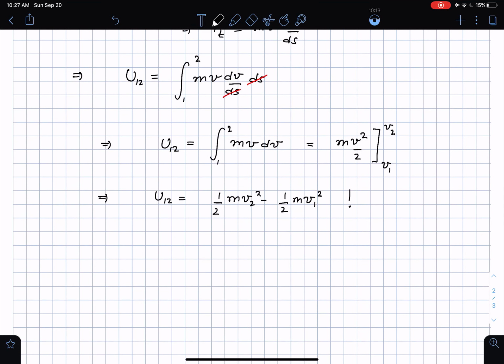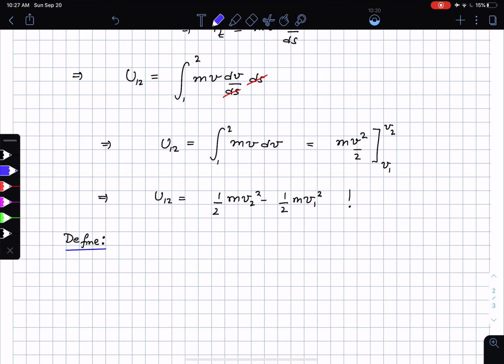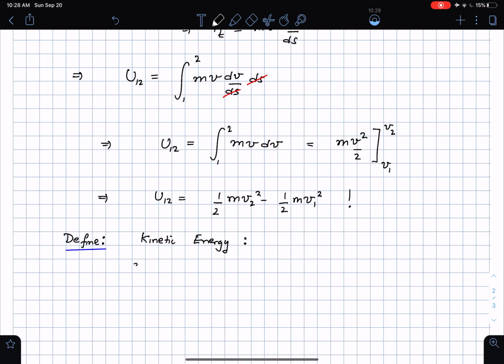Now we're going to define a quantity, which I think you have an idea of: we're going to define kinetic energy. Kinetic energy at some position is KE equal to half m v squared, which means that kinetic energy at position 1 is half m v1 squared, and kinetic energy at position 2 is half m v2 squared.